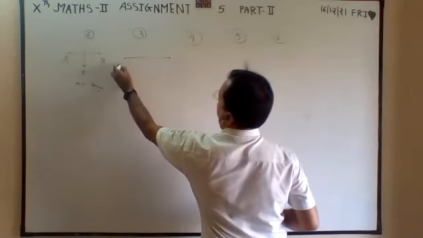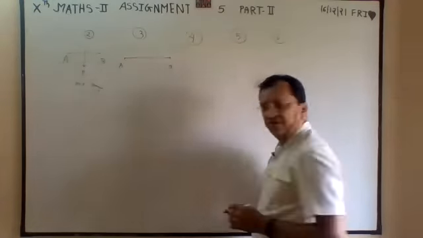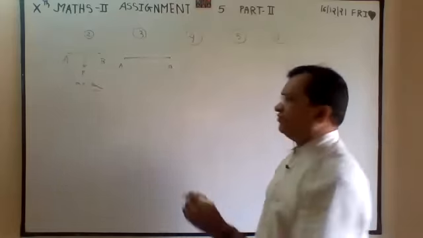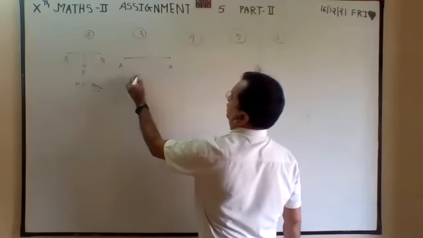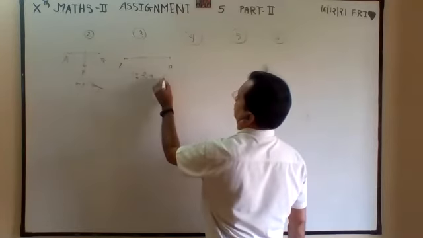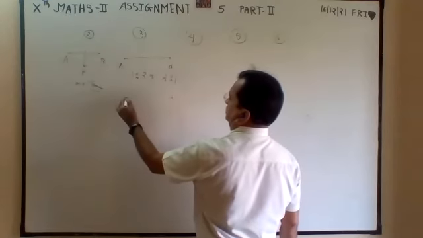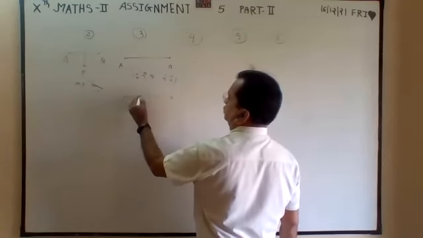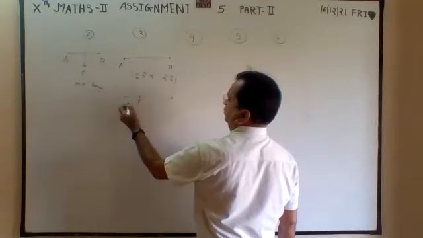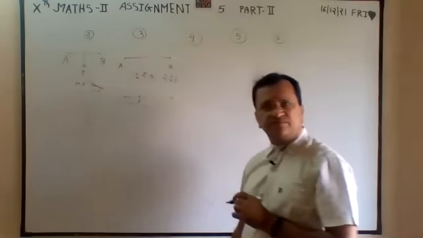Okay. How to find out this 3 trisection? End points are given. A is given, B is given. So by section formula, you can take 1:2 or 2:1. If you will take 1:2, you will get P here, 1 part, 2 part.